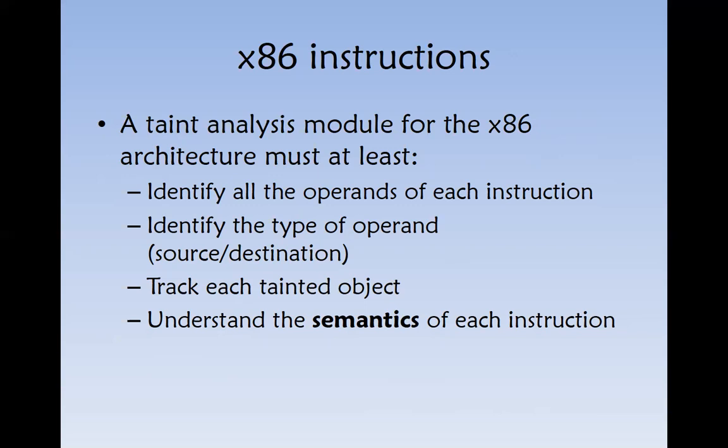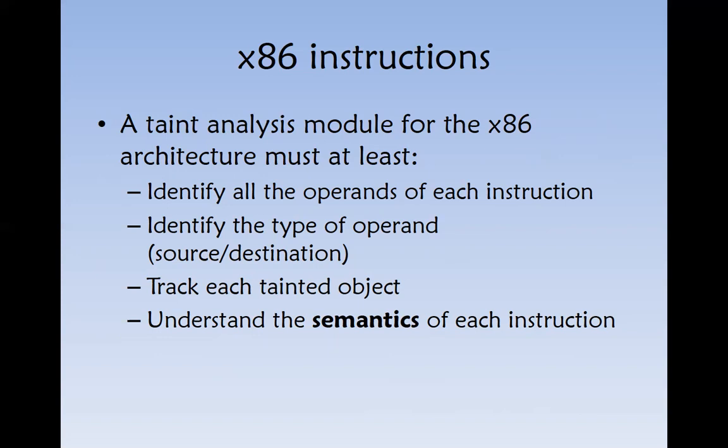That is, every instruction has certain operands that it uses in order to perform its computation. It must be able to identify the source and the destination, right? Because, for example, if you have a move instruction that has two operands, you should be able to identify which is the source and which is the destination. The reason is because the taint actually flows from the source to the destination.